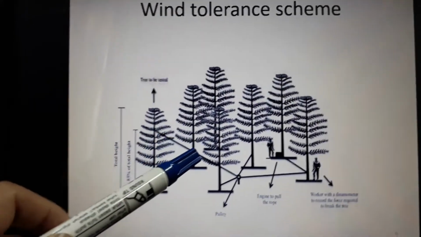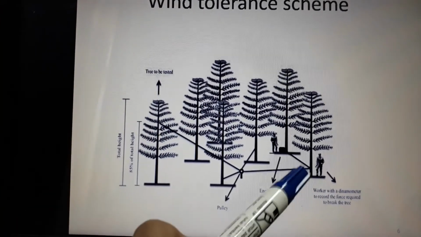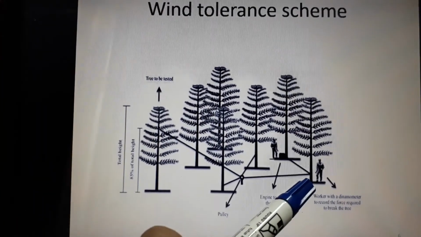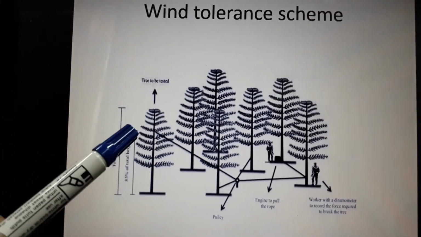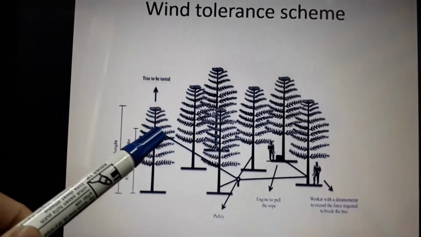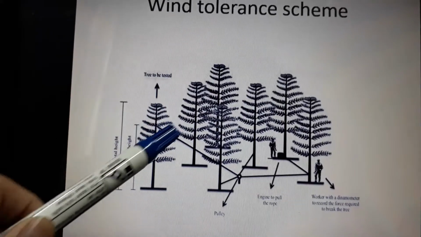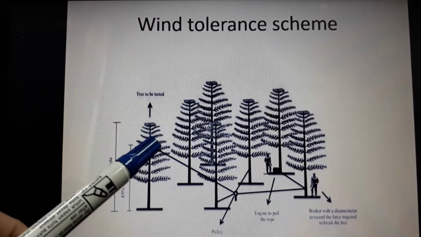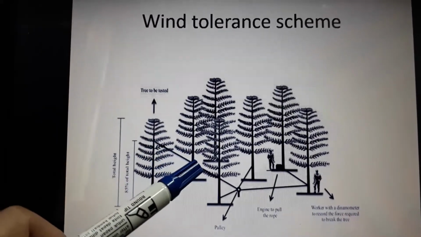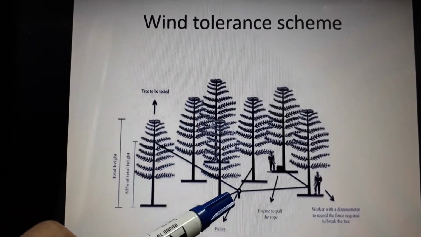During the test, this dynamometer will record how much force it takes to make the tree lean. The pulling process keeps going until the tree breaks.